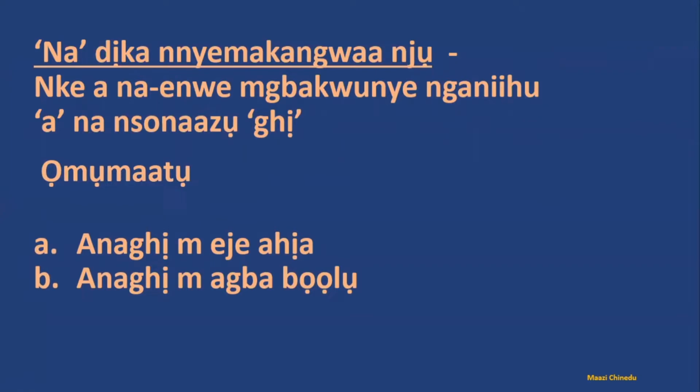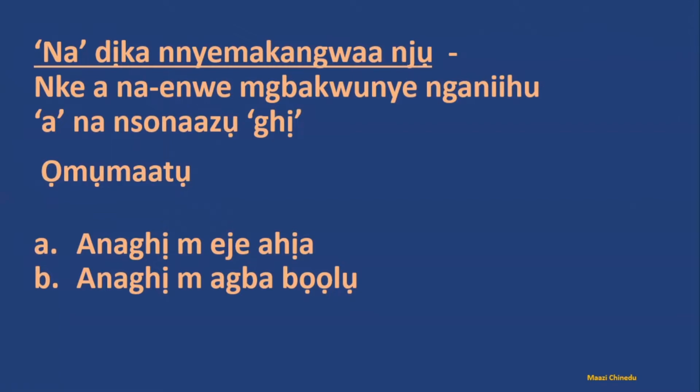Na dịka enyemaka ngwa njụ. Nke a na-enwe mgbakwunye nganihu a na nsonaazụ y because they want the sentence to have a negative connotation.